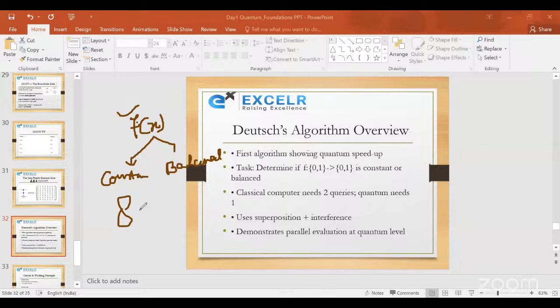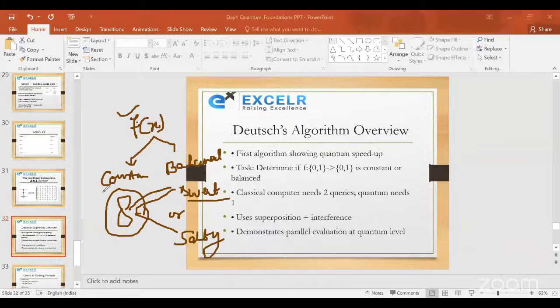If we are going to check it, there is the possibility that all the dishes have the same taste. All the eight dishes have a sweet taste, or all the eight dishes have a salty taste. If all eight are sweet, it means our function is constant.